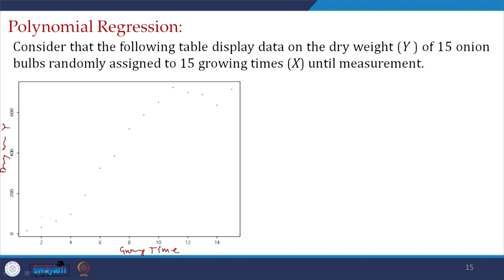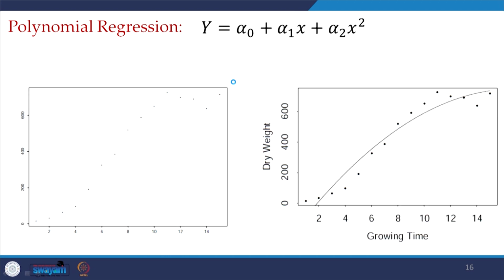Now, obviously, this data is not in the shape of a line. So, let us see some other models to fit this data. If I use y equals alpha 0 plus alpha 1 x, it is linear regression on this data, which means I will get a line. Let me take a 2 degree polynomial to fit the data. So, I will be having alpha 0 plus alpha 1 x plus alpha 2 x square.